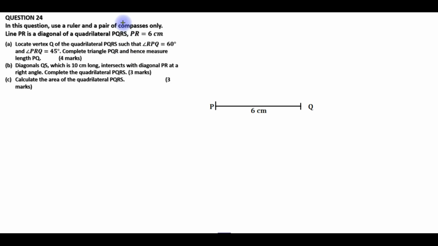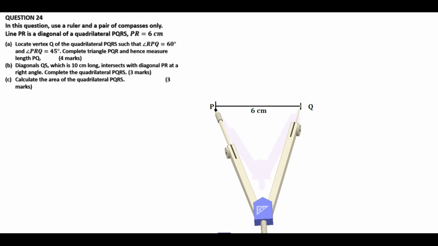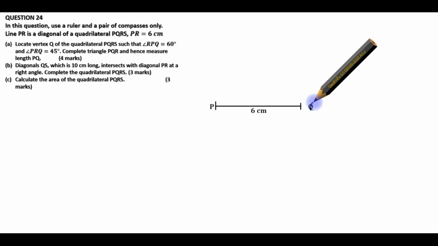So question 24. In this question, use a ruler and a pair of compasses only. So we expect to use a ruler and a pair of compasses only. Line PR, so this is actually PR, not Q. PR is 6 centimeters.